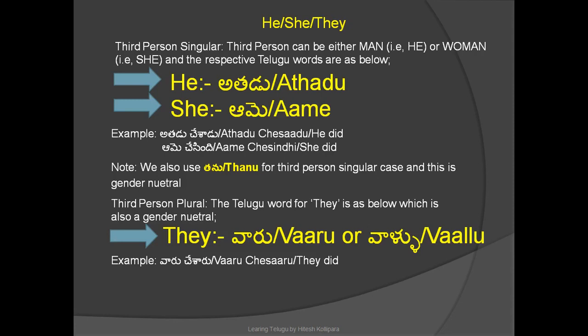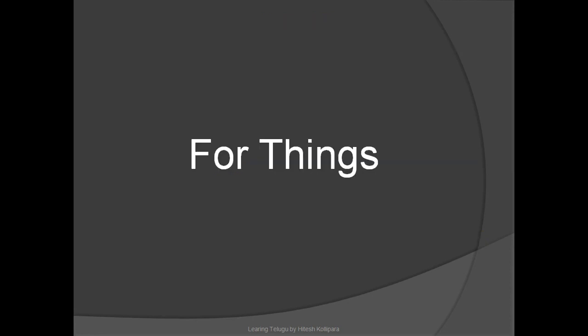So, these are the pronouns that we use for humans. Now, let us see the pronouns that we use for things or objects. For things. What are the pronouns that we use for things in English?